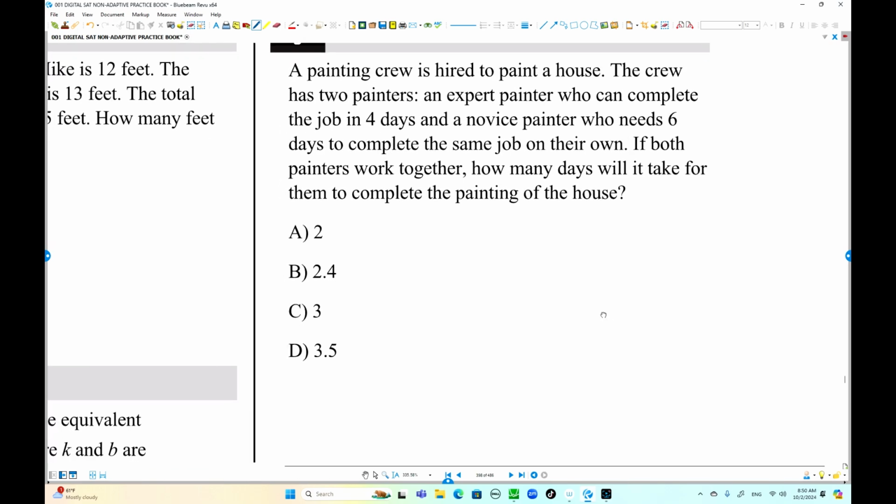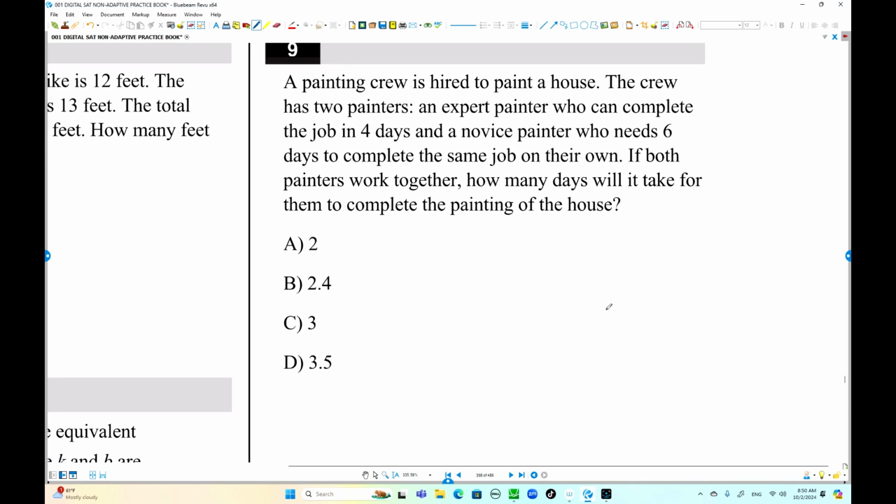Here is number 9. A painting crew is hired to paint a house. The crew has 2 painters: an expert, who takes 4 hours, and a novice, the beginner, who needs 6 days.